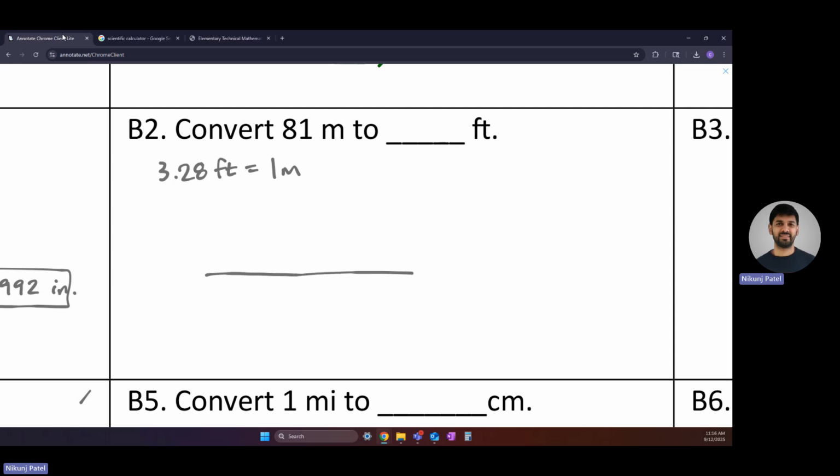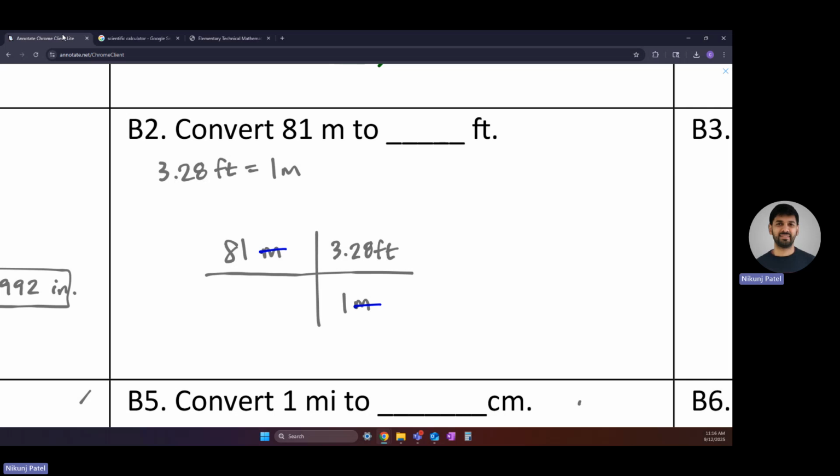And now we just set this up. 81 meters is equivalent, or we place the 1 meter down here and we place the 3.28 feet up here. And the reason we place meters down there was because we always want one in the top and one in the bottom. Both of those should cancel.